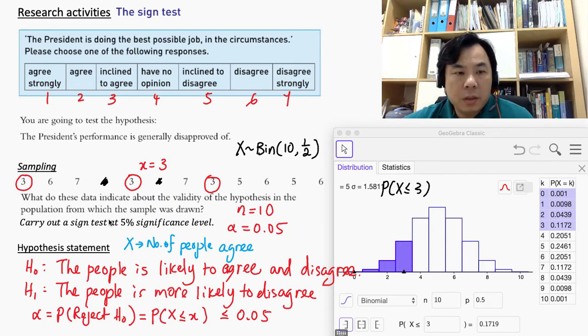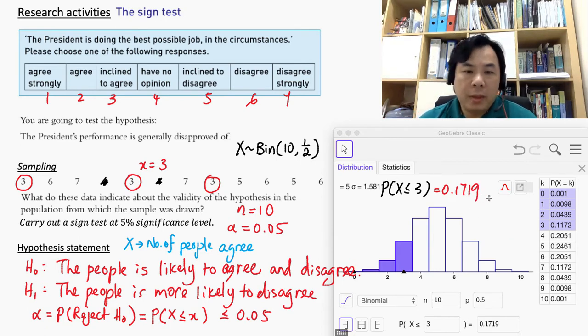So you get 0.1719, which is more than that 5%. Now, since P(x less than 3) has a probability larger than the significance level, therefore x less than 3 is outside of the rejection zone.